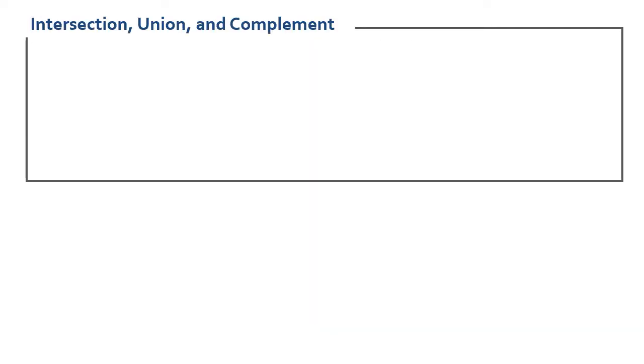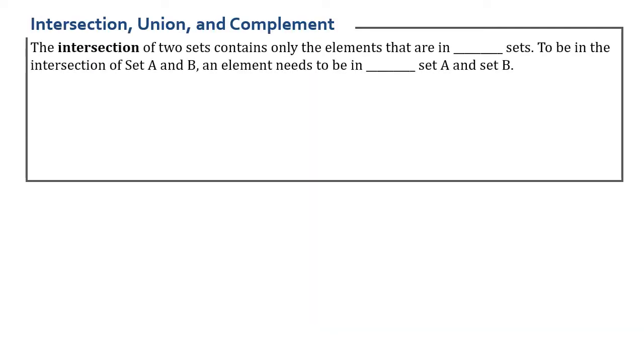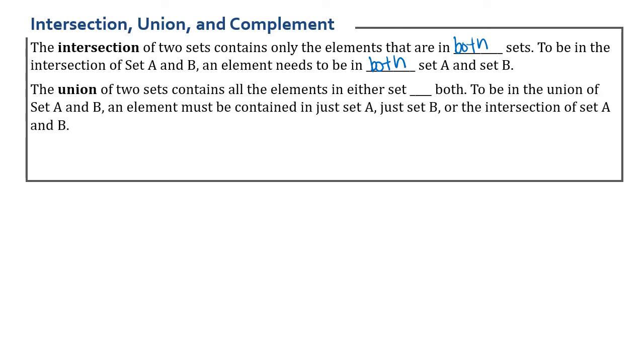Okay, let's continue with some more vocabulary. We're going to talk about intersection, union, and complement. The intersection of two sets contains only the elements that are in both sets. To be in the intersection of set A and set B, an element needs to be in both set A and set B. The union of two sets contains all the elements in either set or both.